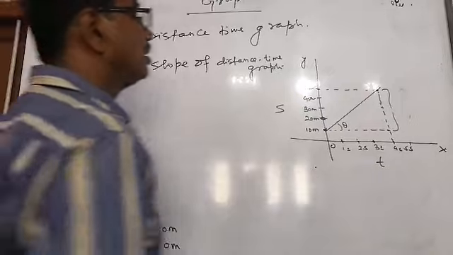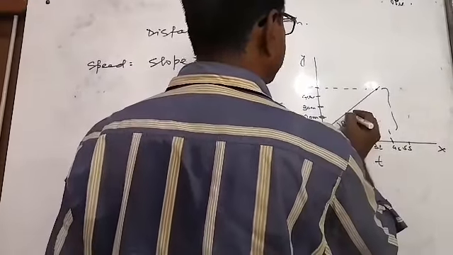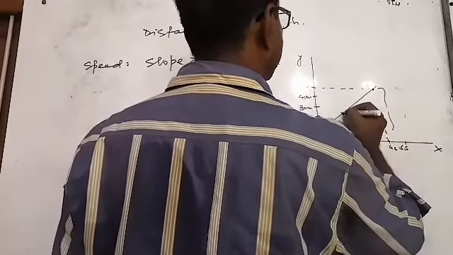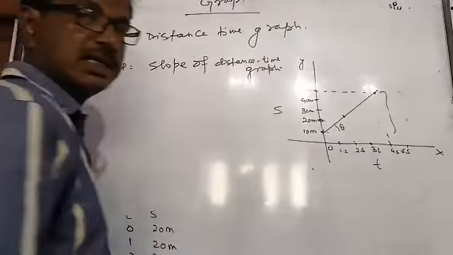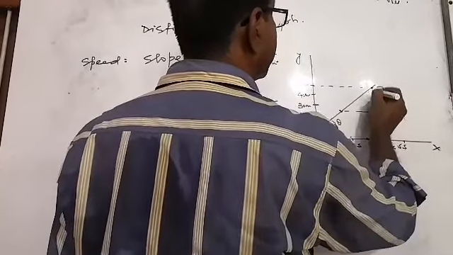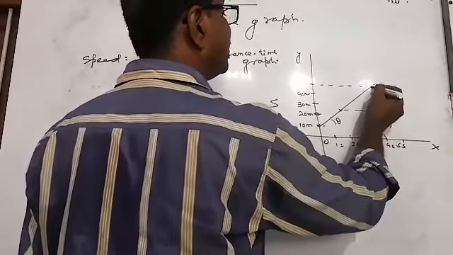Now if you wanted to obtain the speed only from this point to this point, as it is a straight line, you first draw a parallel, then you draw a perpendicular, right? And now what is P? This much.